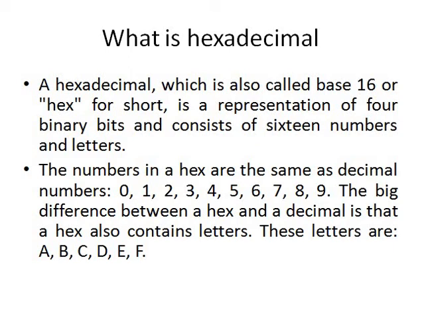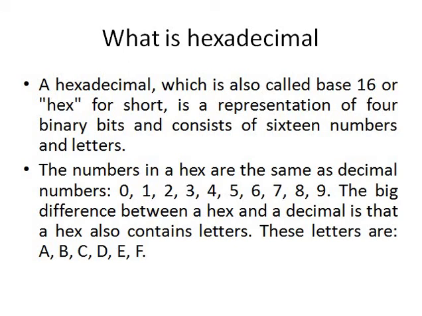Already we have seen from 0 to 15: 0 to 9 consists of numbers, and 10 to 15 consists of alphabets. And the numbers in hex are the same as the decimal numbers from 0 to 9. How many? 10. 0, 1, 2, 3, 4, 5, 6, 7, 8 and 9.